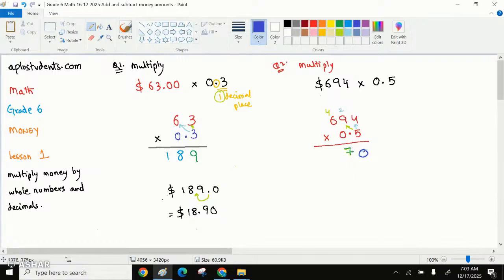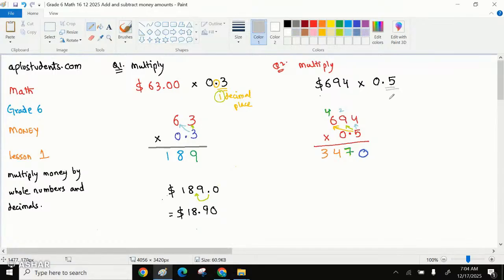What is 9 multiplied by 6? Oh, sorry. 5 multiplied by 6 is 30. 30 plus 4 is 34. So this is 34 over here. How many decimal places were there in the question?